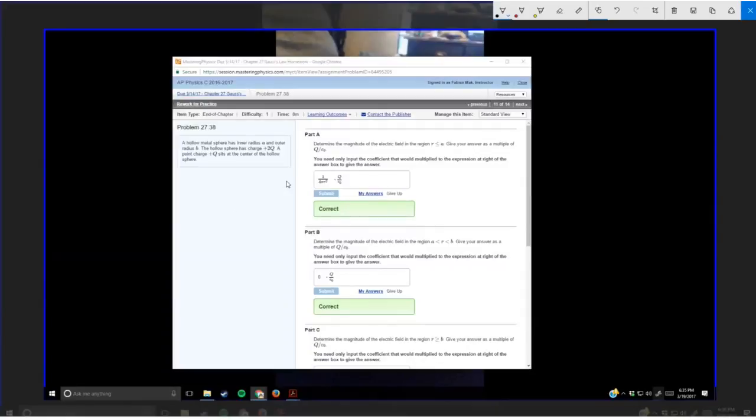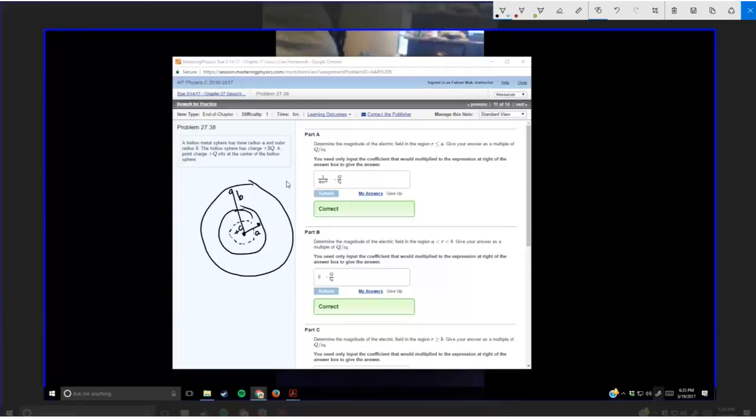Here's inner radius A and here's outer radius B. Determine the magnitude of the electric field in the region r less than A. We'll draw a Gaussian surface, and this encloses a charge plus q.